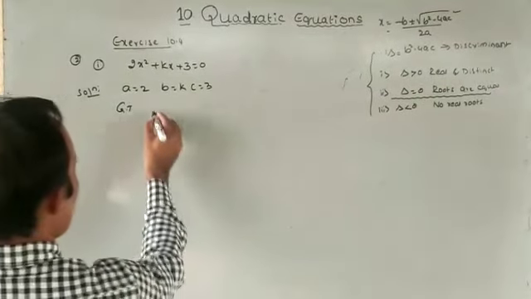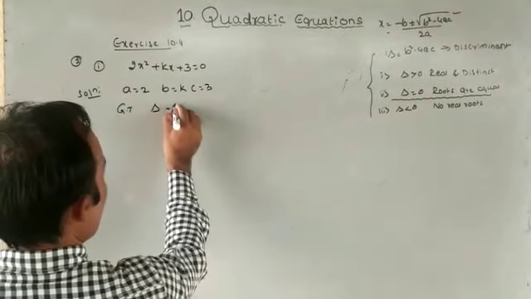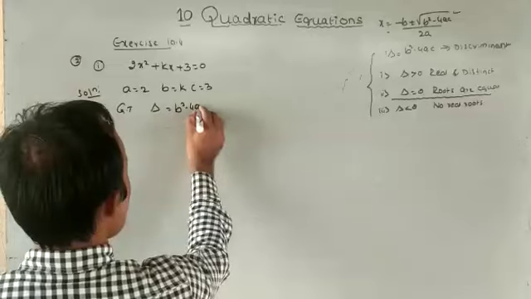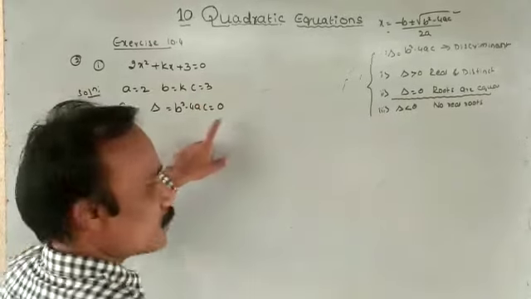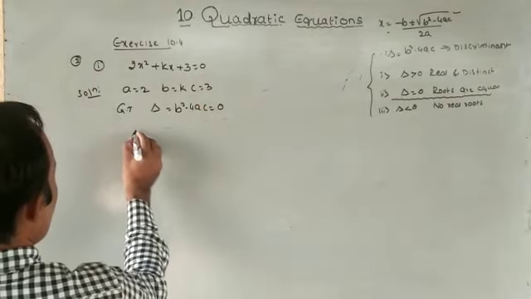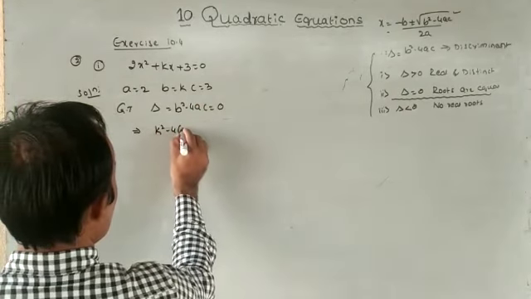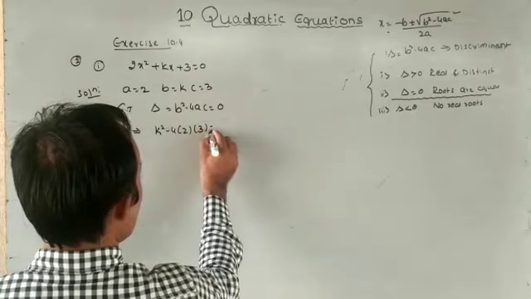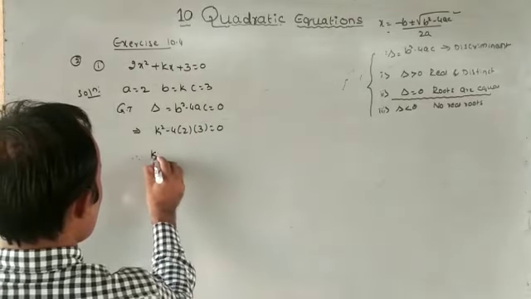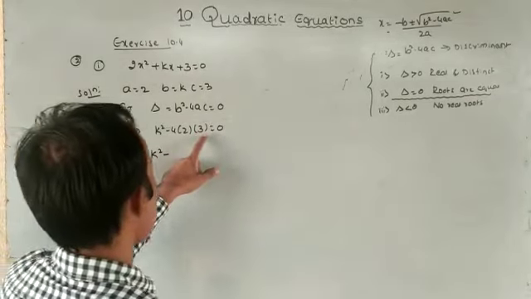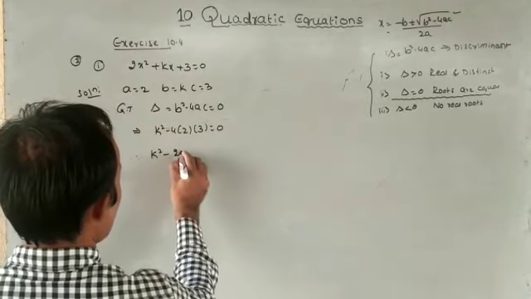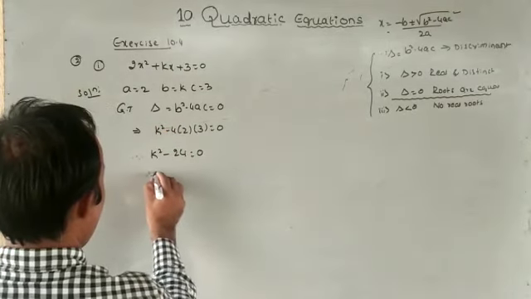What is the given condition? Roots are equal. Roots are equal means delta value, that is b square minus 4ac, I compulsorily have to take, is equal to 0. Let's replace: k square minus 4 into 2 into 3 is equal to 0. Therefore k square minus 24 is equal to 0.